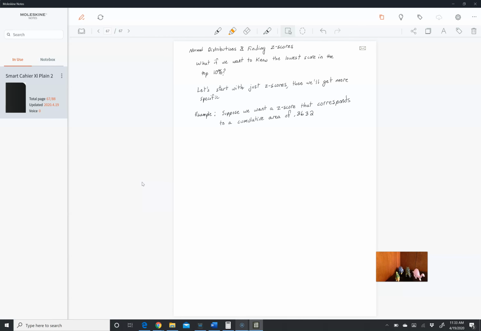Okay, remember what we're looking for here. Here's our normal curve. And we want to know, okay, well, what is the z-score here, right? How many standard deviations? Here's the mean. How many standard deviations from the mean are we if this area is 0.3632?